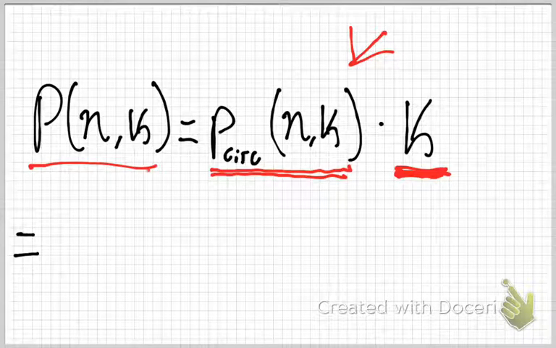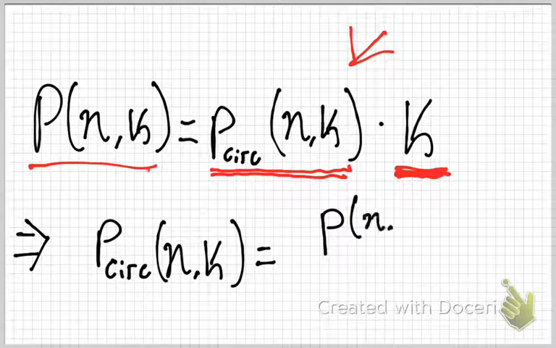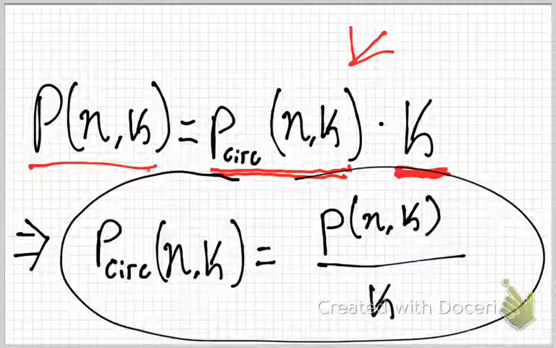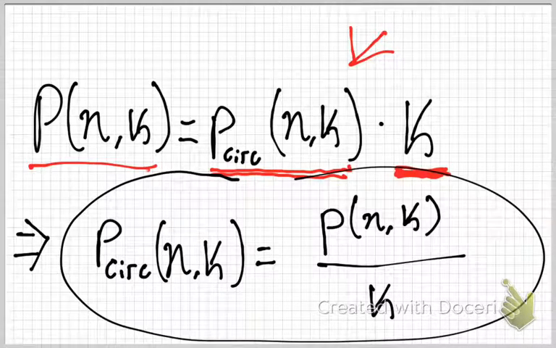We are almost there. Can anybody guess what we do to get the formula for P circ? You guessed it. Oh, whoops. Let me go back. That's not all. Not just yet. That's what we do. All I did was divide both sides by K, and solved for P circ.